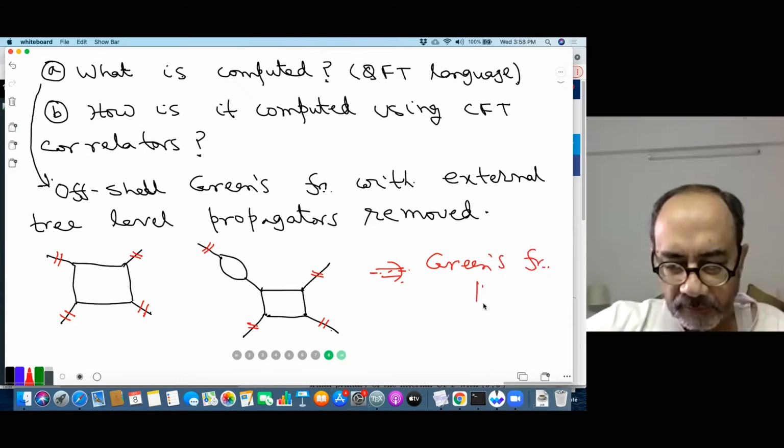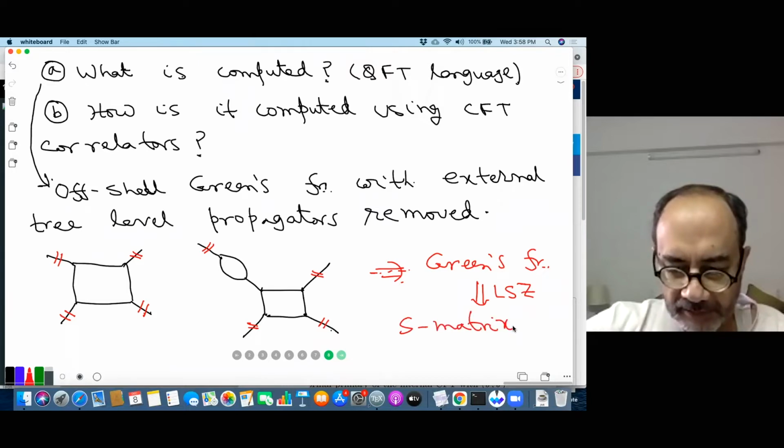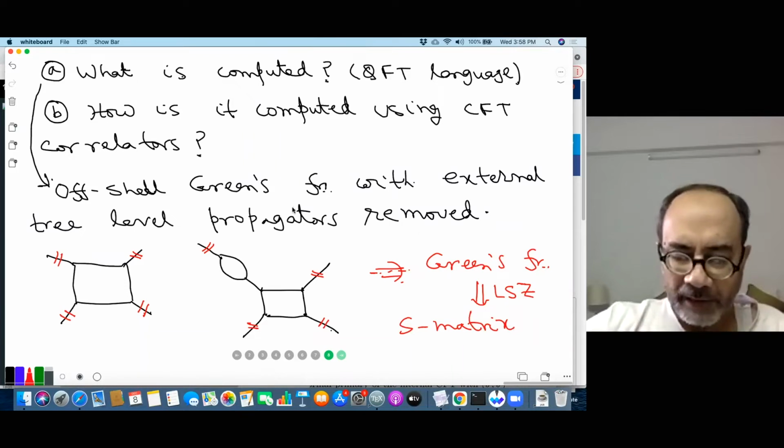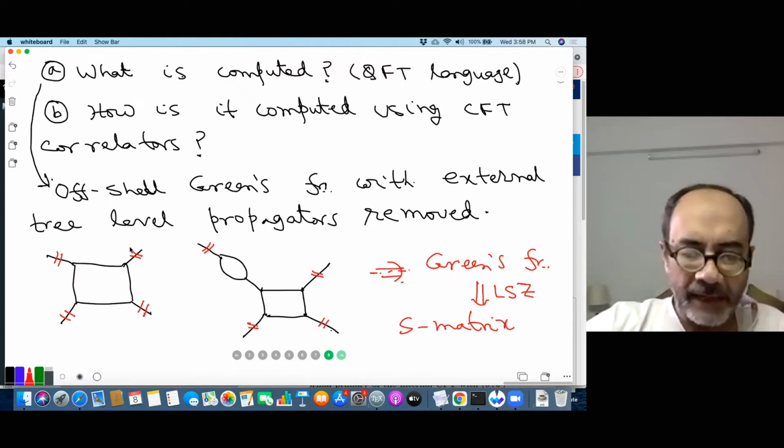And then we can apply LSZ to get the S matrix. So that's the fully systematic procedure for extracting the S matrix of string theory from conformal field theory. In part B, I'll tell you how to use conformal field theory to calculate these objects. Are there questions? Is this clear? What I'm saying here?